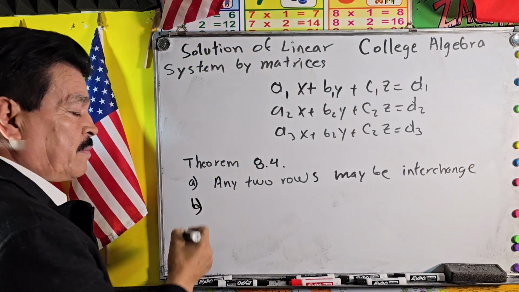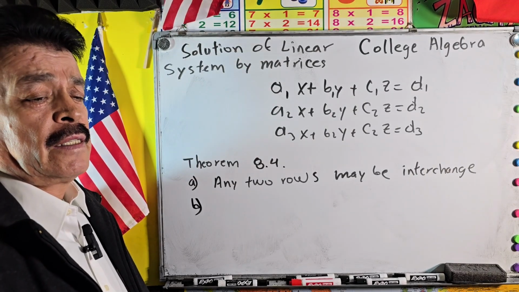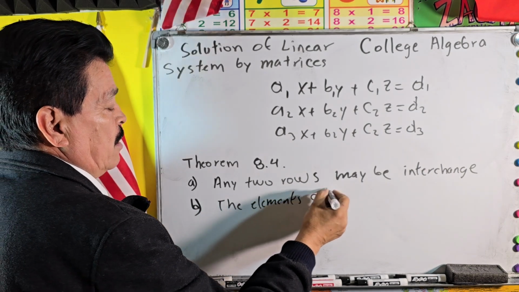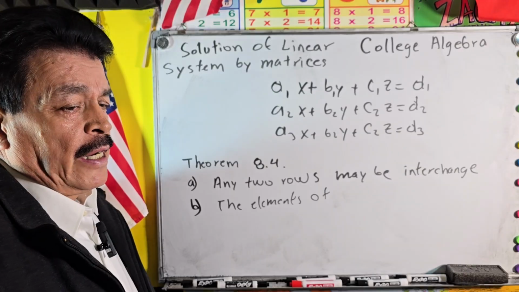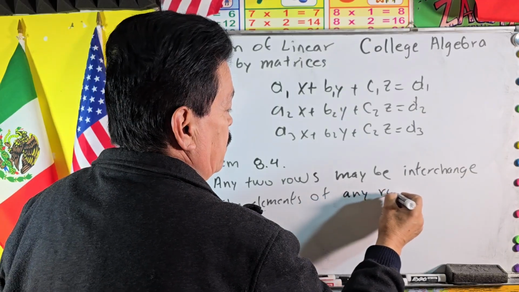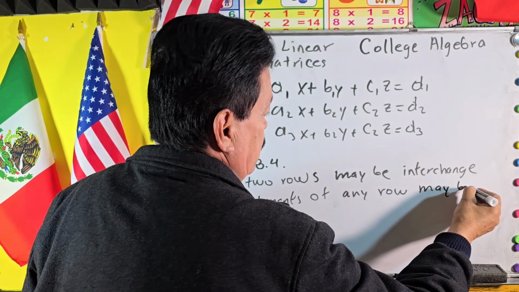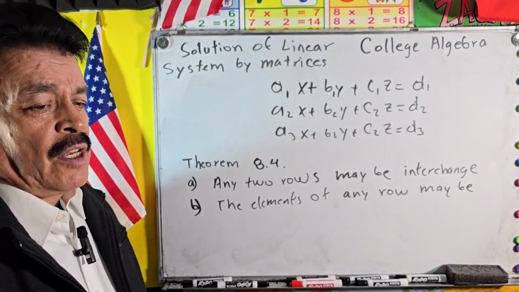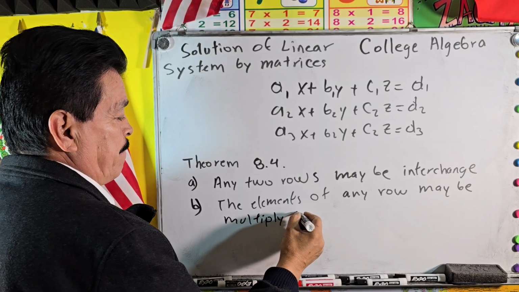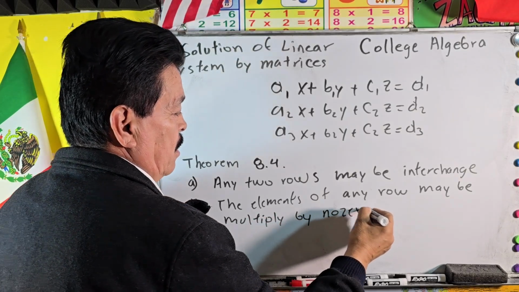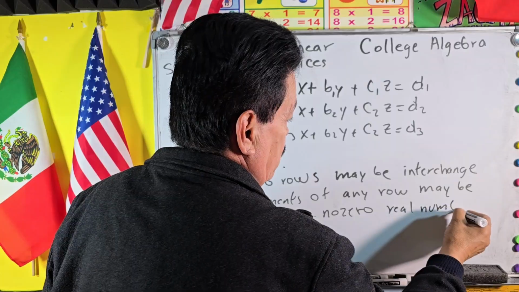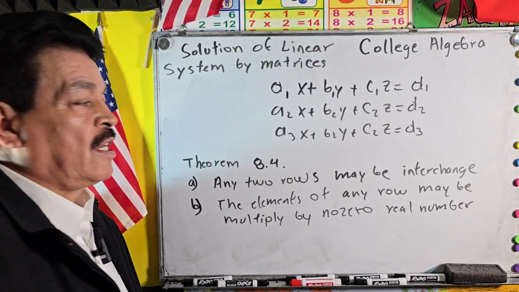The second one: the elements of any row may be multiplied by a non-zero real number k.